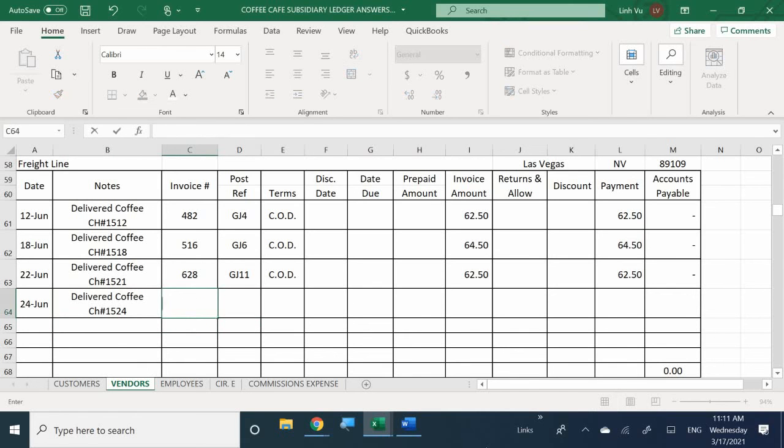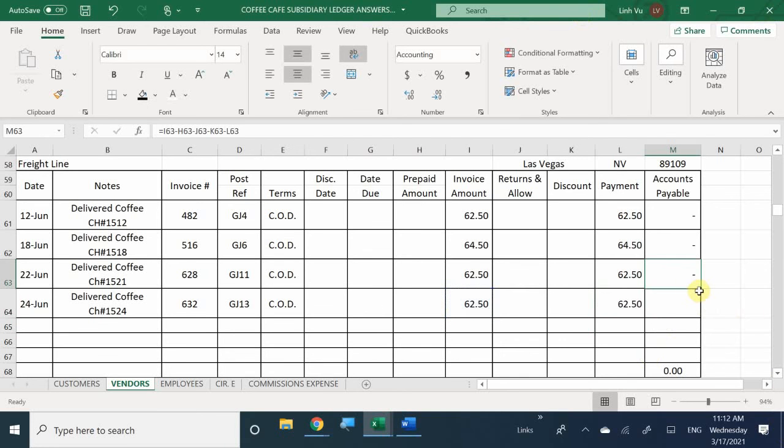Oh, whoa, wrong. This was 632. General Journal number 13. COD. Invoice amount was 62.50. And then once again, we made a payment. So we should owe them nothing. All right.